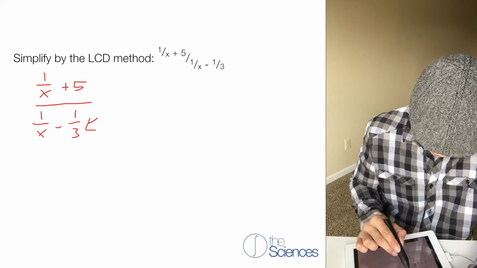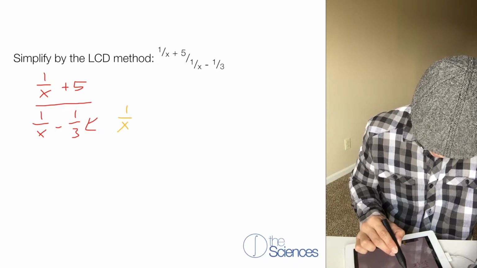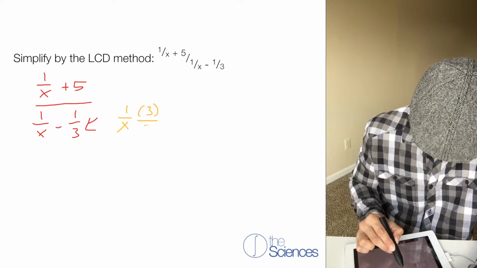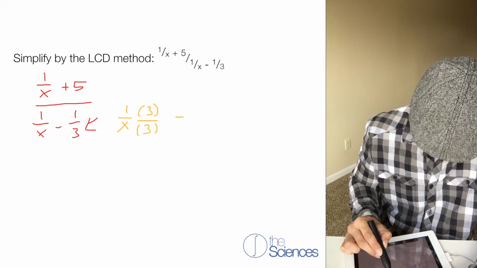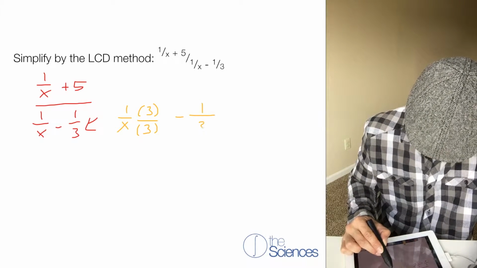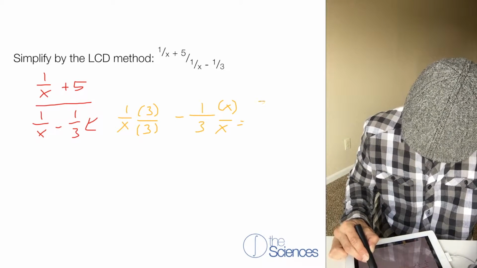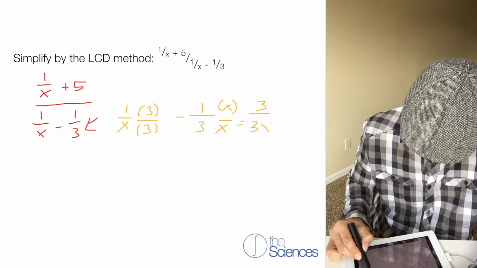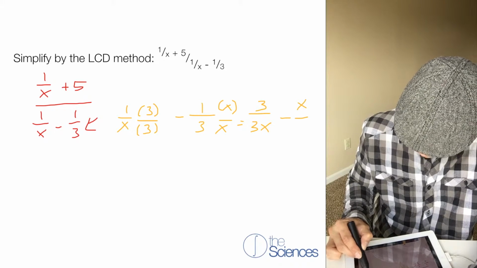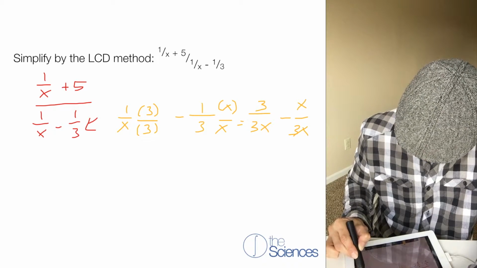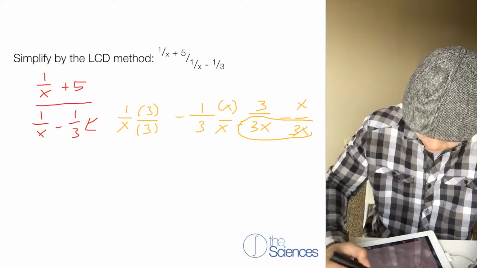To combine these, we'd have 1 over x times 3 minus 1 over 3 times x. So now we get 3 over 3x minus x over 3x. So our least common denominator is 3x.